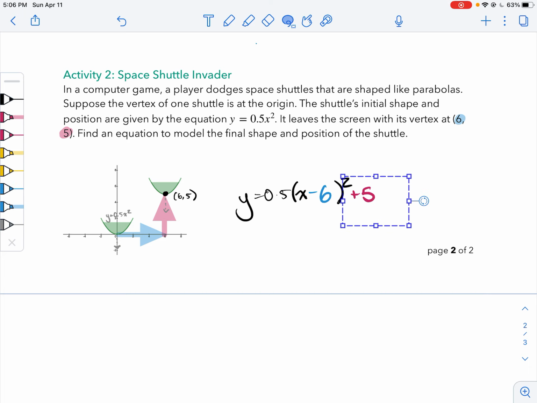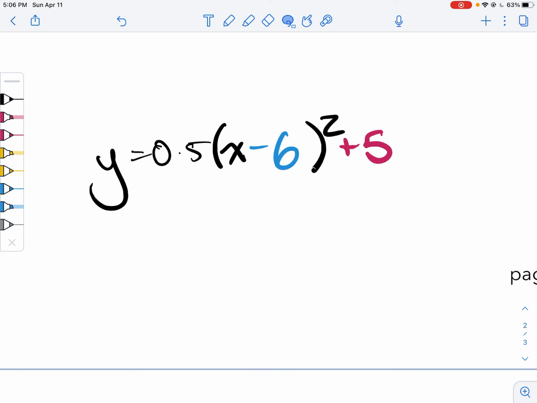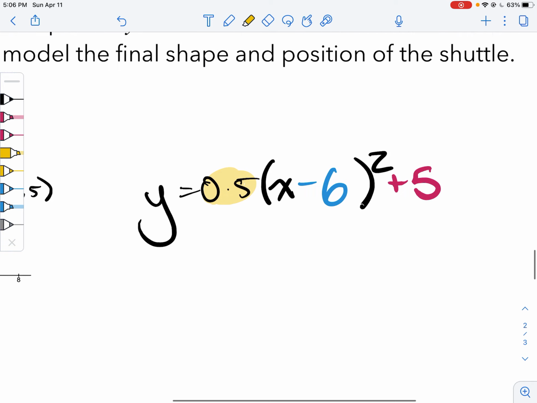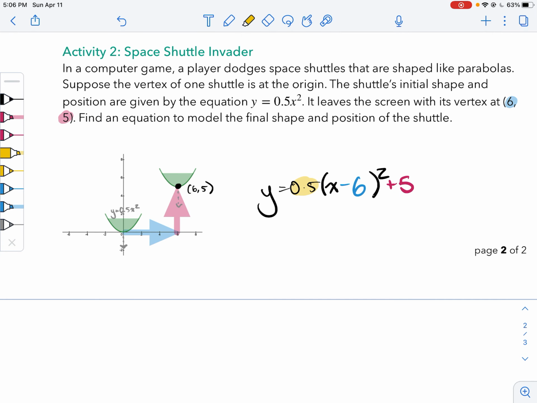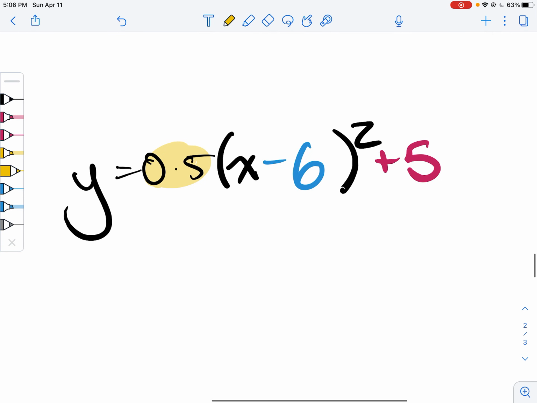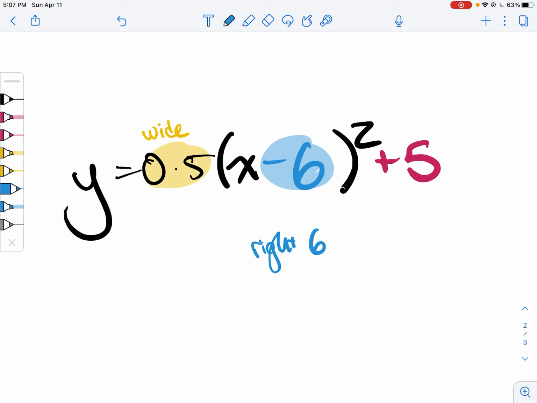Okay. So looking at this tells us, hey, we unsqueezed our graph. We made it wider. And then this minus 6 said, hey, move the graph right 6. And this plus 5 said, hey, let's move this graph up 5.